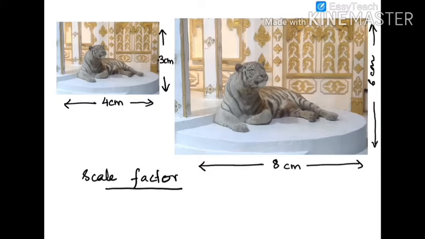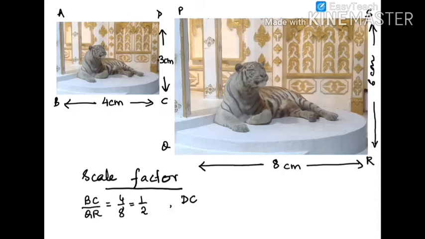So if I mark the first rectangular image as ABCD and the second rectangular image as PQRS, then we can clearly see that the ratio of their lengths BC upon QR is equal to 4 upon 8, which is equal to 1 on 2. Similarly, the ratio of their widths is DC upon SR, and that is equal to 3 upon 6, which is equal to 1 on 2.